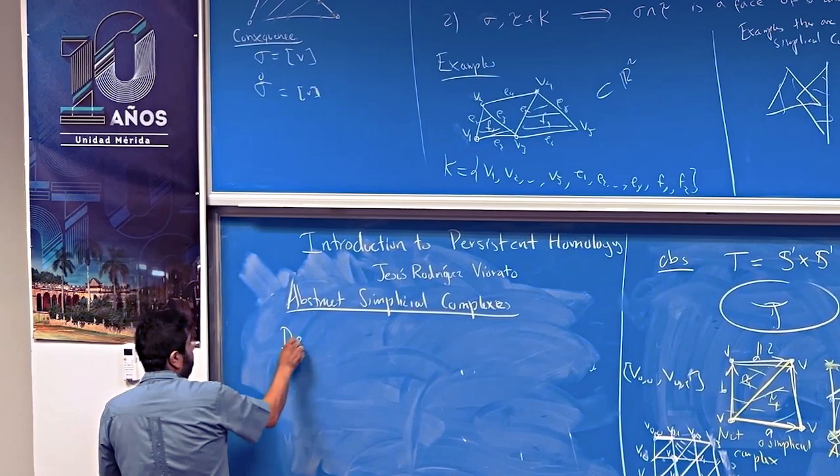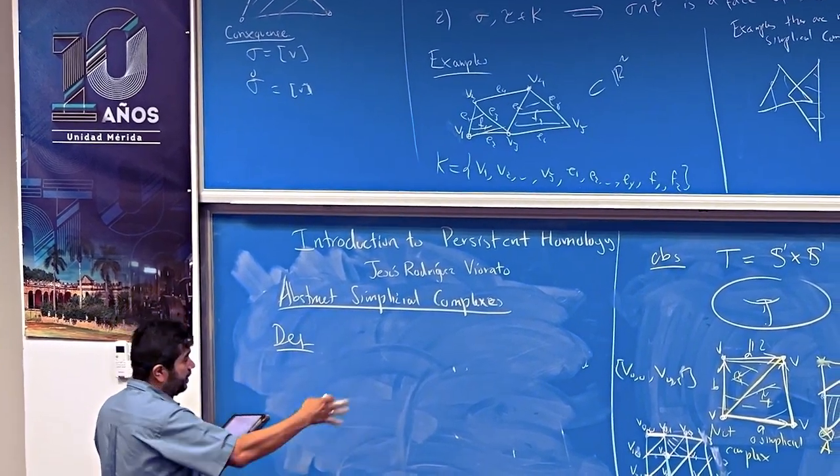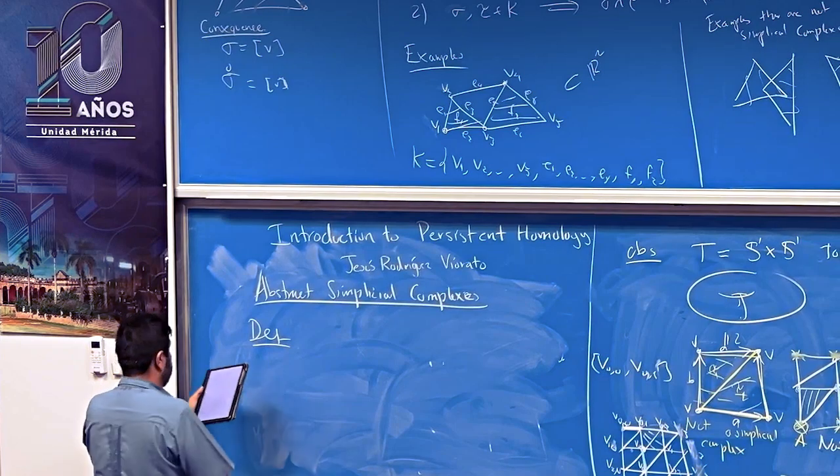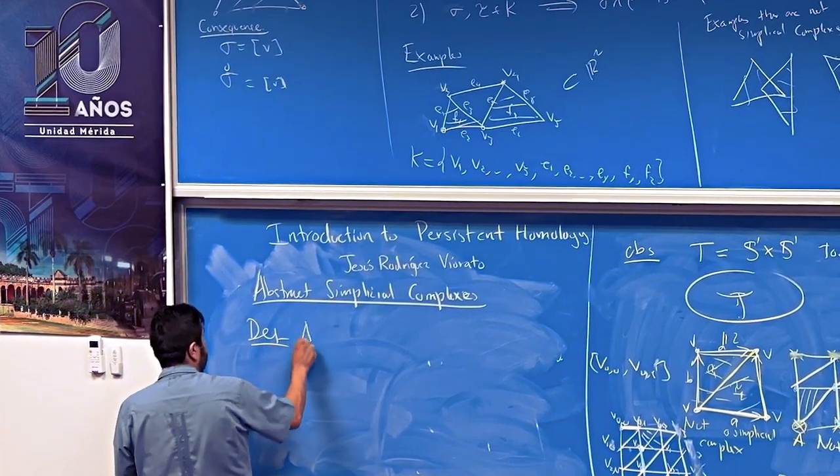So, definition. We can refer to this collection of vertices and faces as an abstract simplicial complex.